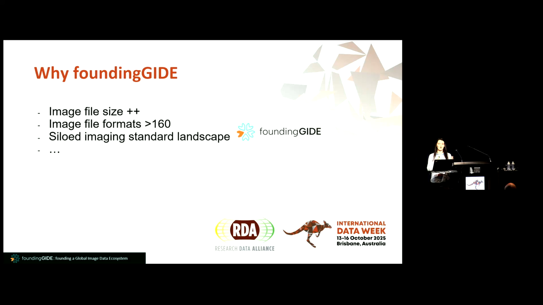Then, depending on the vendors of these machines, we have many file formats, over 160. And probably the most disturbing part is that all the standards that are used to capture data about how the image experiment has been conducted are very fragmented, and hence FAIR-GIDE.